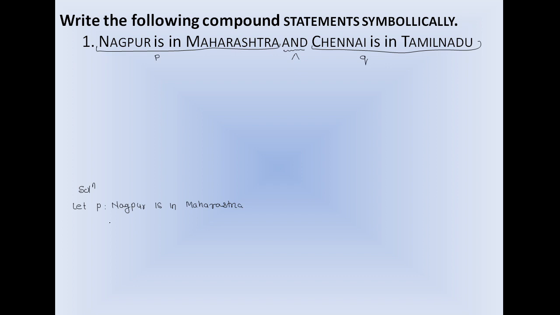And let us consider the other one Q: Chennai is in Tamil Nadu. Therefore, the logical expression is P and Q. Why? Because here we are using the connective and.